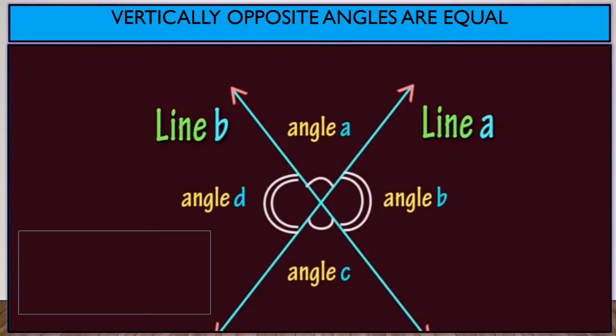Let us try to prove this using a geometrical idea. Let us consider two lines A and B, and we can arrive at this result through logical reasoning as follows.